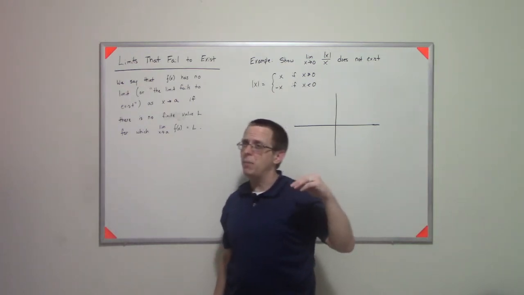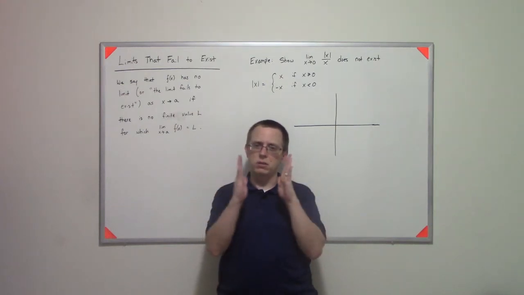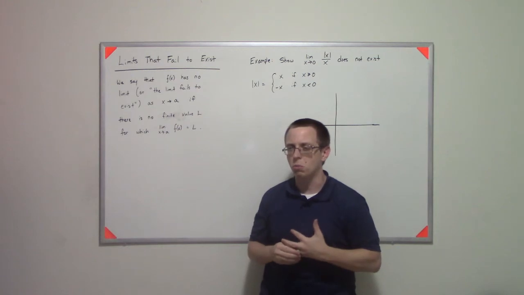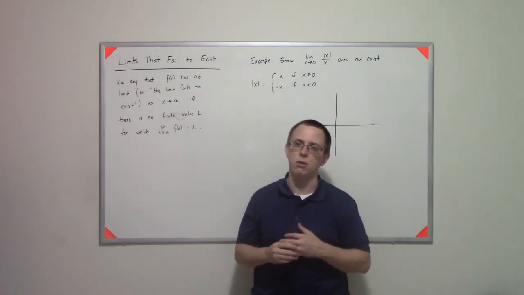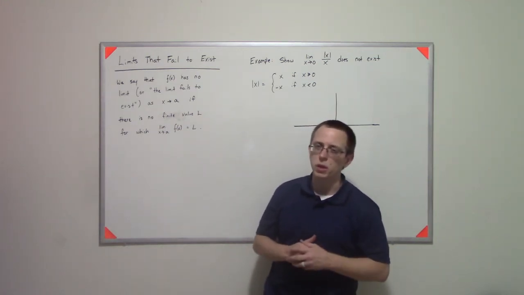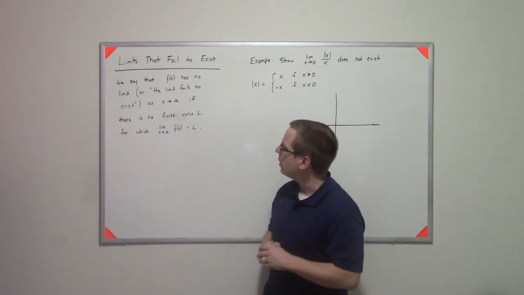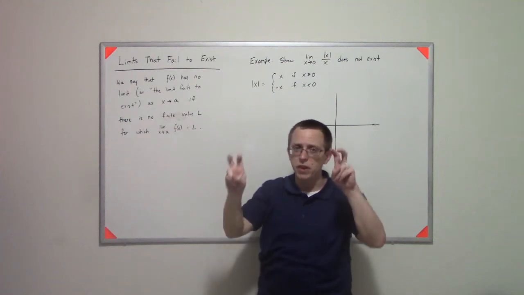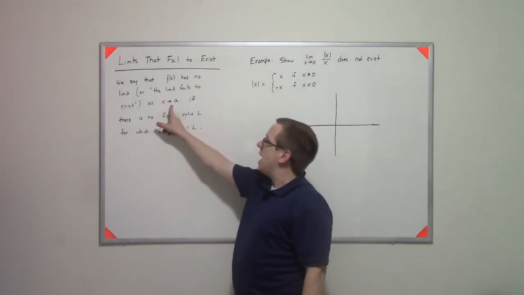And you can have that kind of behavior even as x goes from 1 to 0, but you have to construct some rather complicated functions that are beyond the scope of what we want to deal with right now. So generally we say that f has no limit, or the limit fails to exist as x approaches a.